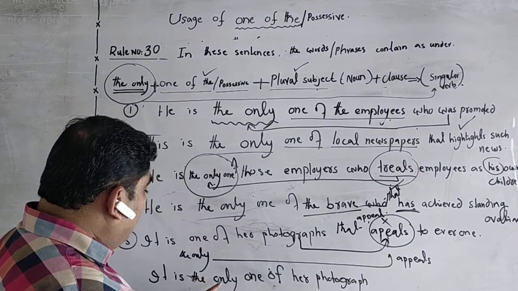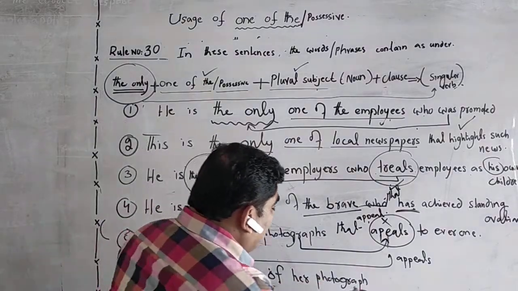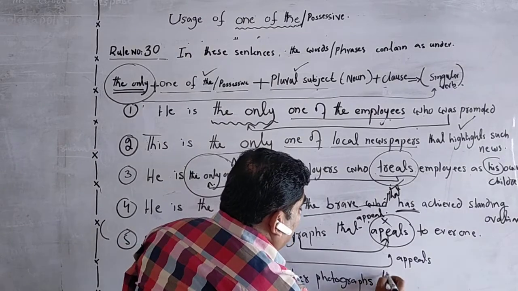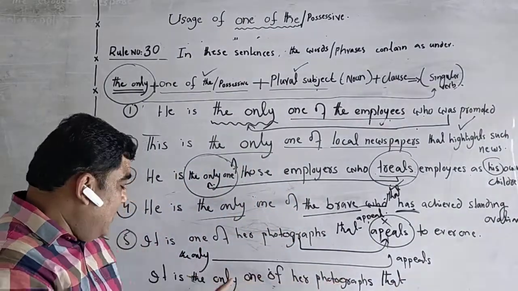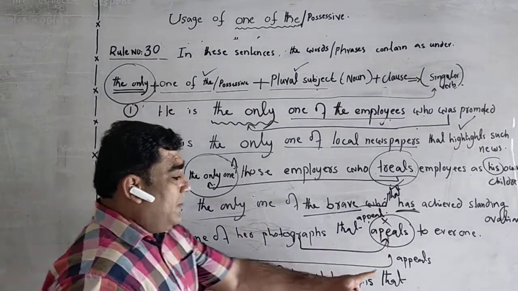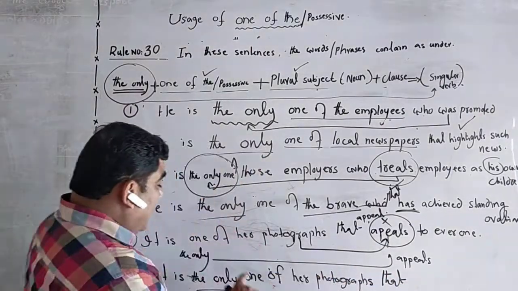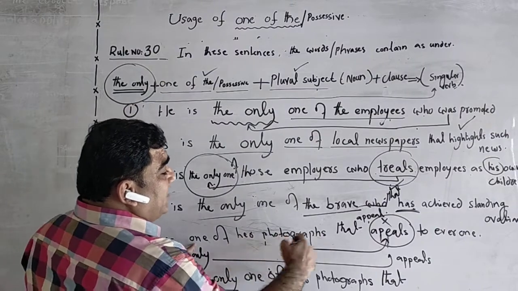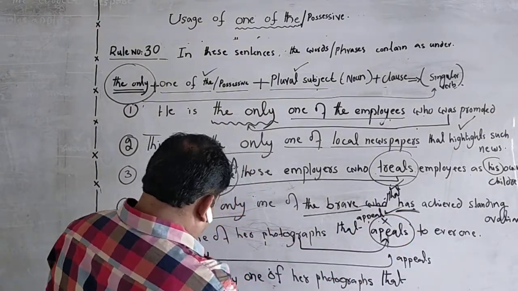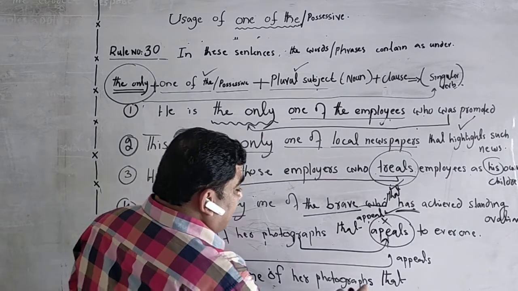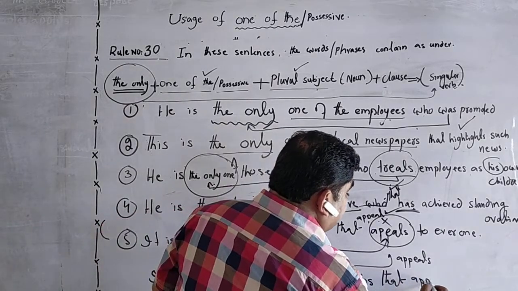It is the only one of her photographs, plural. Now see that we have to put a verb there. If it is "the only", singular. If it is "one of her photographs", then plural. So we have to put here appeals, and here it is the only one of her photographs that appeals.